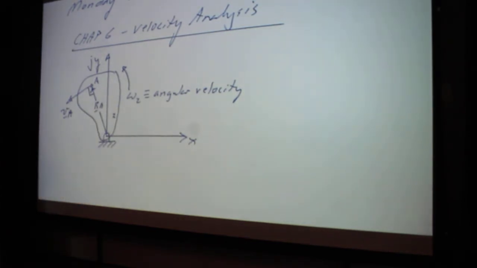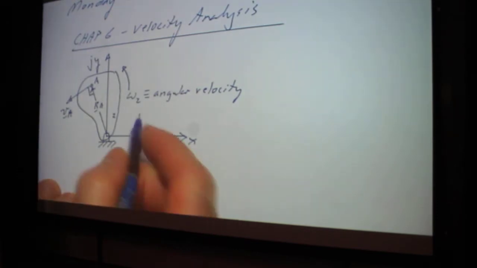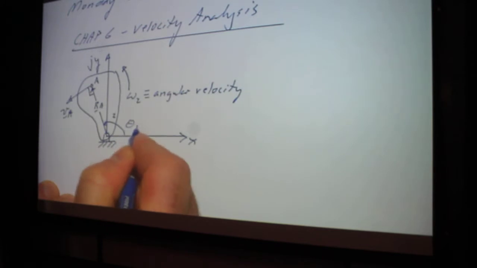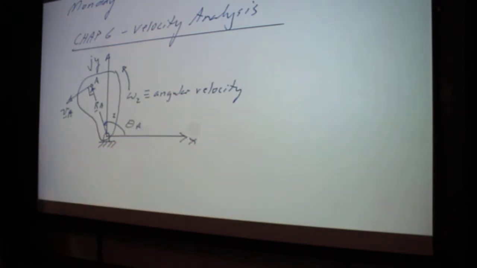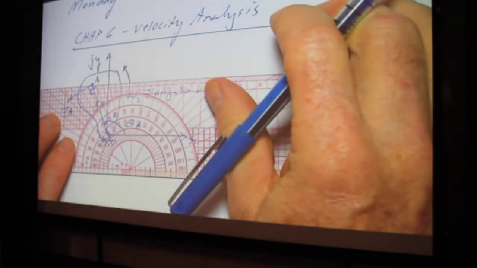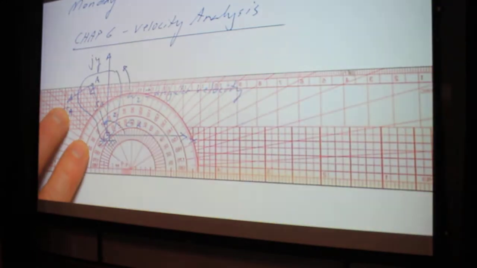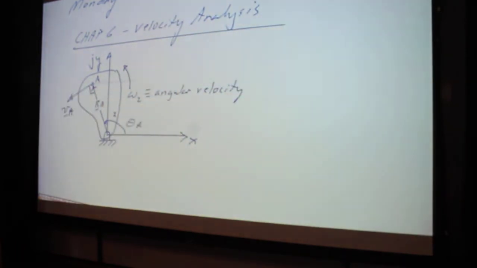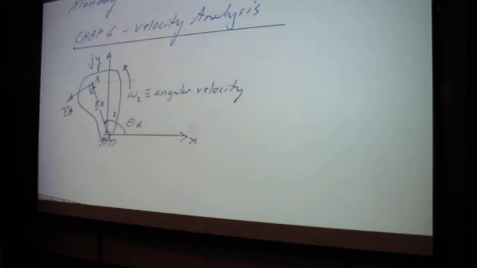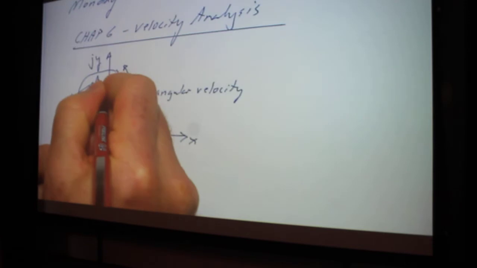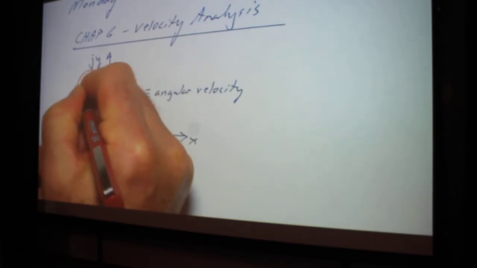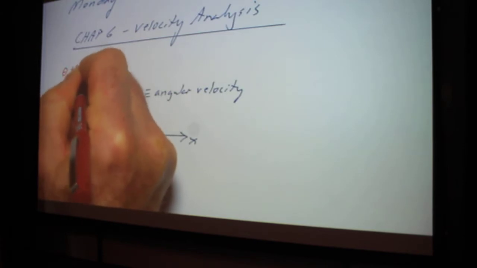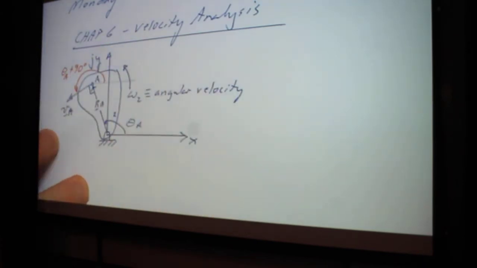I want you to note here that if I have this angle as theta A, then this angle right here, if I transpose the axis up to here, this angle of the velocity of A is simply theta A plus 90 degrees.